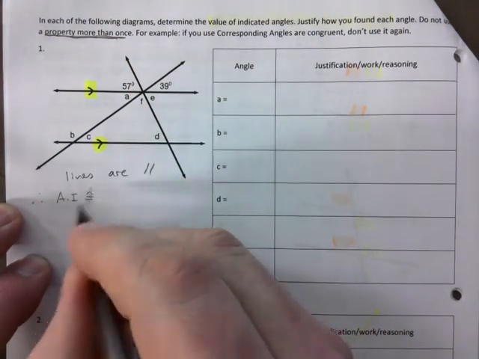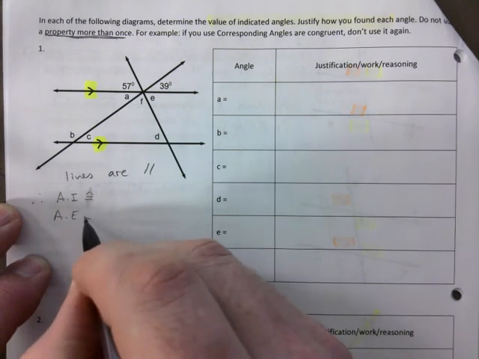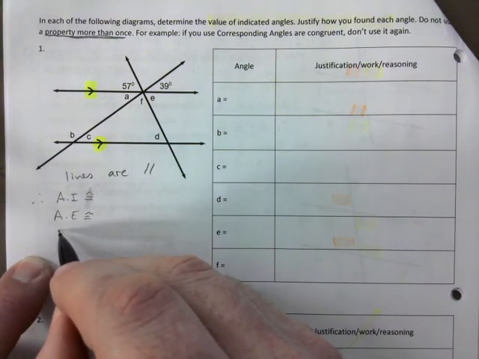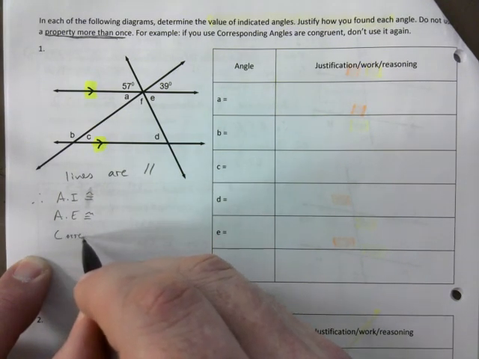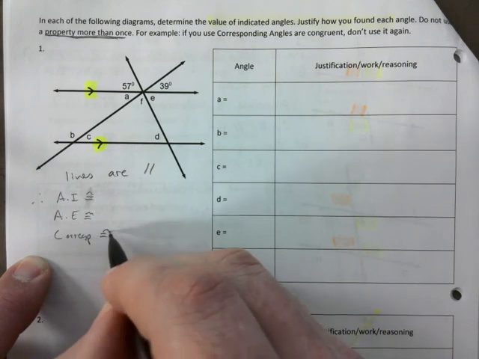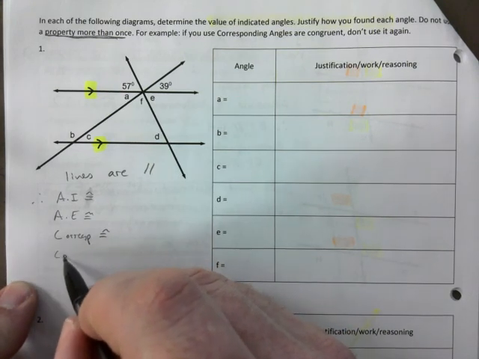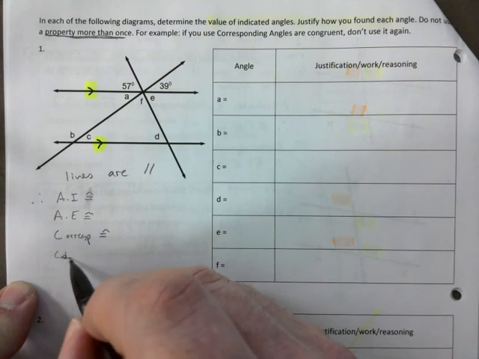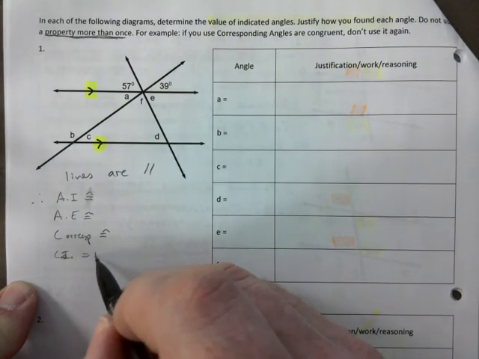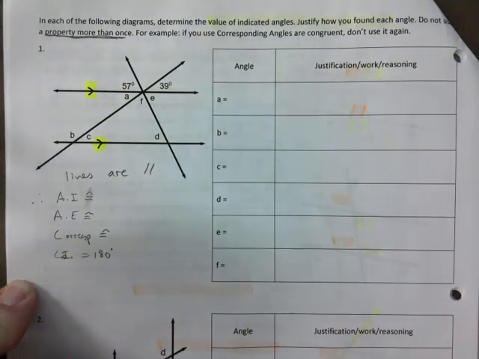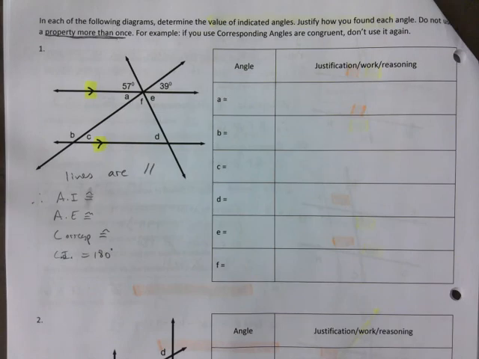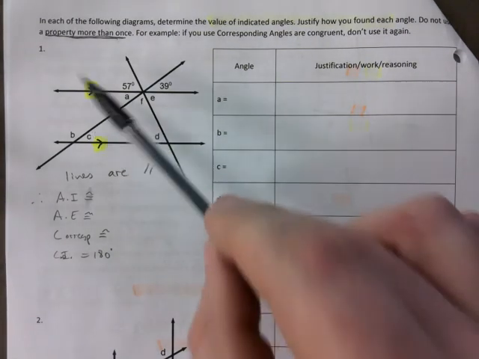Alternate interior are congruent, alternate exterior will be congruent, corresponding will be congruent, and consecutive CI, right, will be equal to 180. Those are the four things we know for sure just because of these two markings.